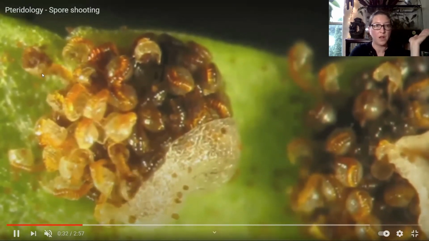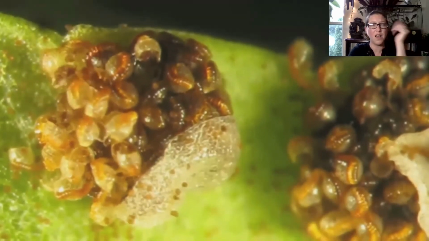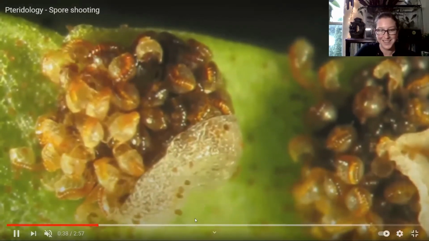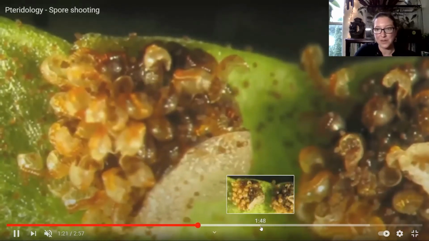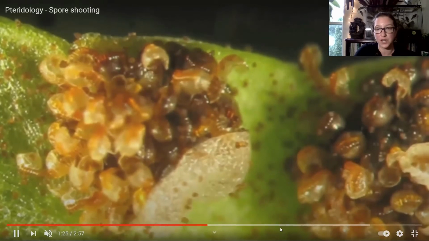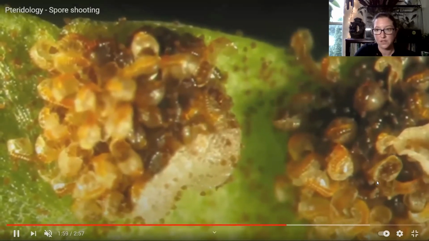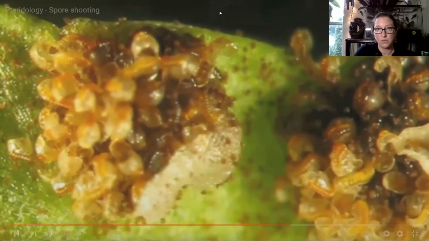Look at the one up here. Oh. Here we go. Here's some more. So these are fern sporangia shooting their spores. Very cool. I have another one here.